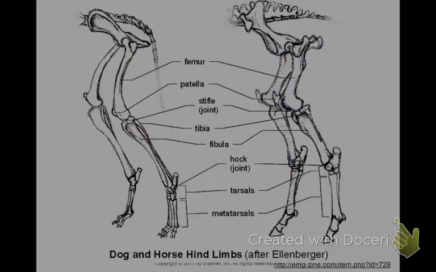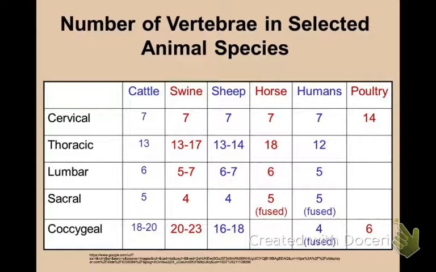And you can see, again, it varies, and sometimes they're fused, meaning they are grown together. In humans they are. There are 3 sacral in dogs and cats, and then you can see 4 to 5 in the domestic species, domestic farm animals, I should say. Coccygeal is the last, and that varies greatly because that's basically your tail vertebrae. So depending on the animal, you might have more or fewer coccygeal vertebrae.